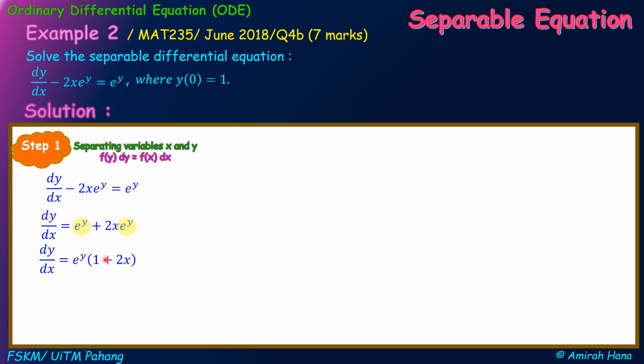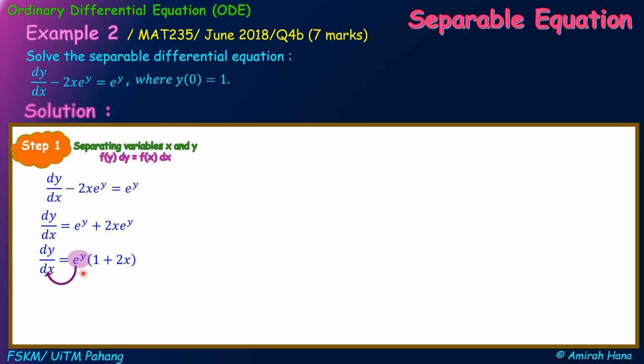In the bracket, we have 1 plus 2x. To check whether we factorized correctly, we can expand. We multiply e the power of y by 1, so we get back e the power of y. Then we multiply e the power of y with 2x, so we get back 2x e the power of y.